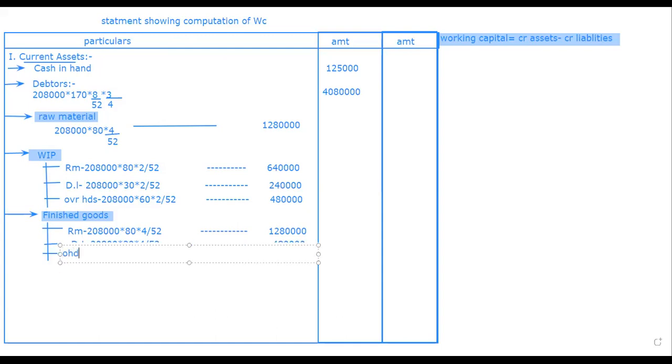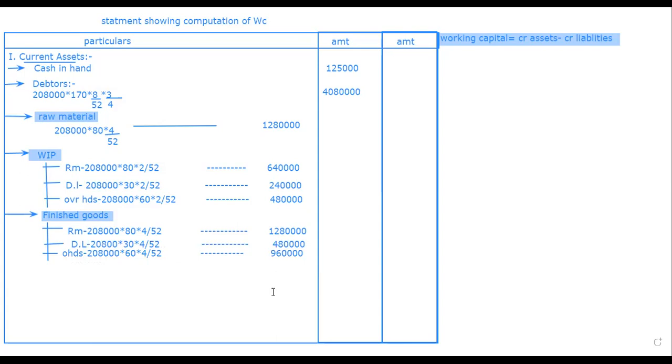So overheads is equal to 2,08,000 into 60 into 4 divided by 52. So whatever price we got above, I said the same is going to be double. So that means 4 lakhs 80 means 9 lakhs 60,000. So this is how I have got my stock information.